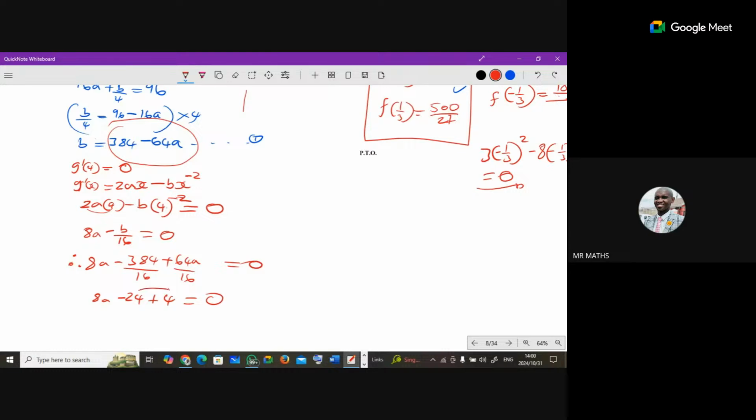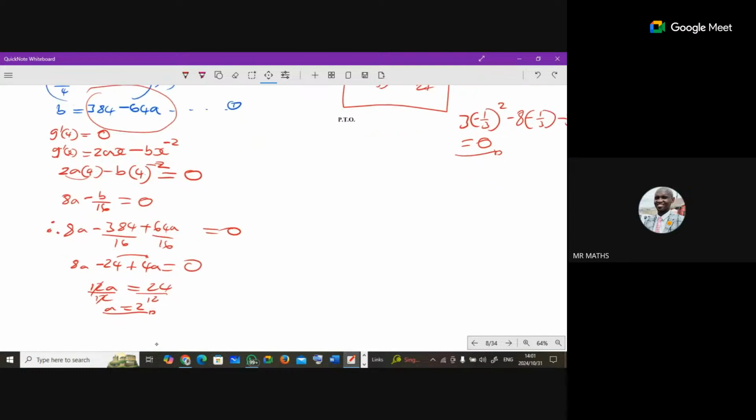Then we transpose this to the other side, the right hand side. So it's going to be 4a up, and then we are going to have 8a plus 4a, which is 12a, is equal to 24. You divide by 12. Cancel. You can see a is equal to 2. Are we together? Yes, sir.